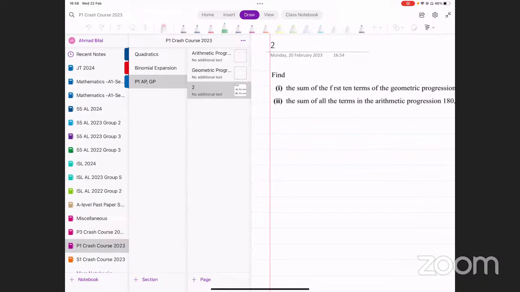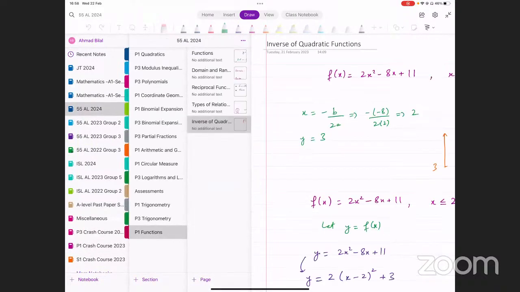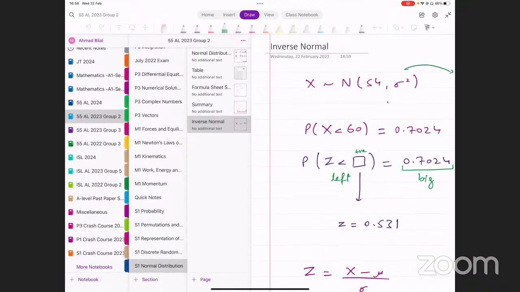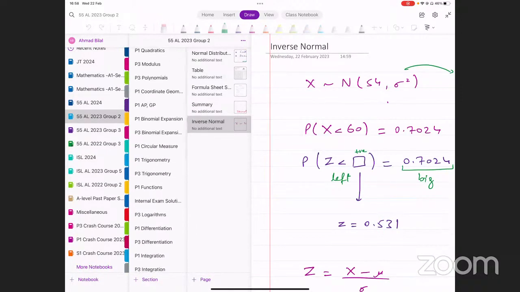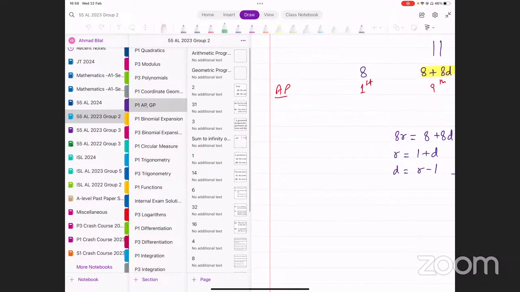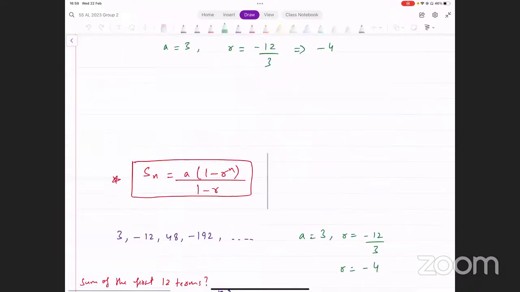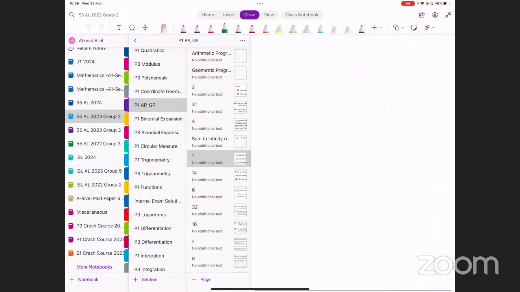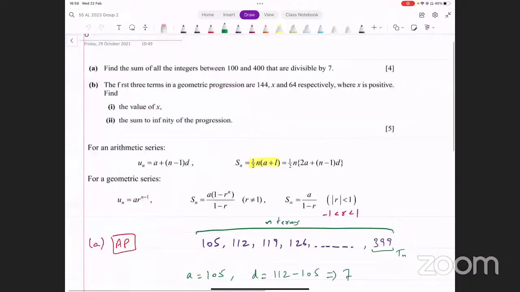Now, let me just copy the formulas that you have for arithmetic and geometric progressions that are given in the formula sheet. You will keep them in front whenever you are doing problems involving arithmetic and geometric progressions. So you're going to keep those formulas in front of you.